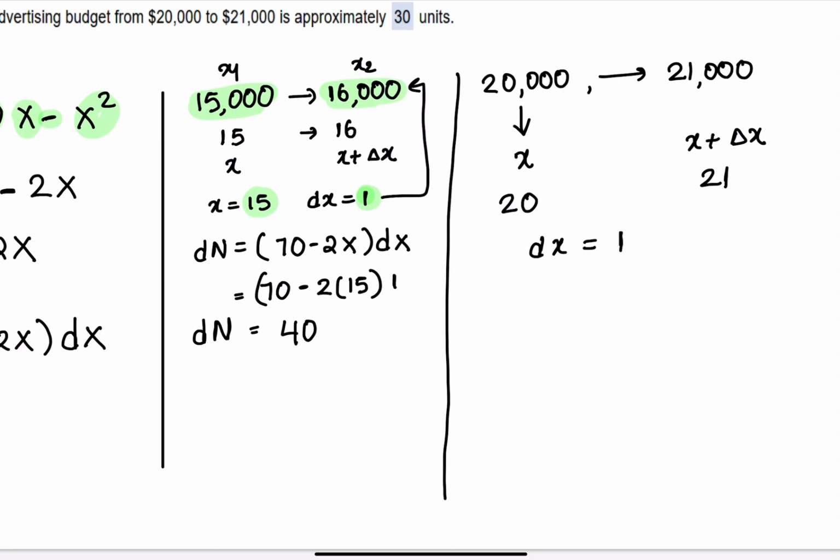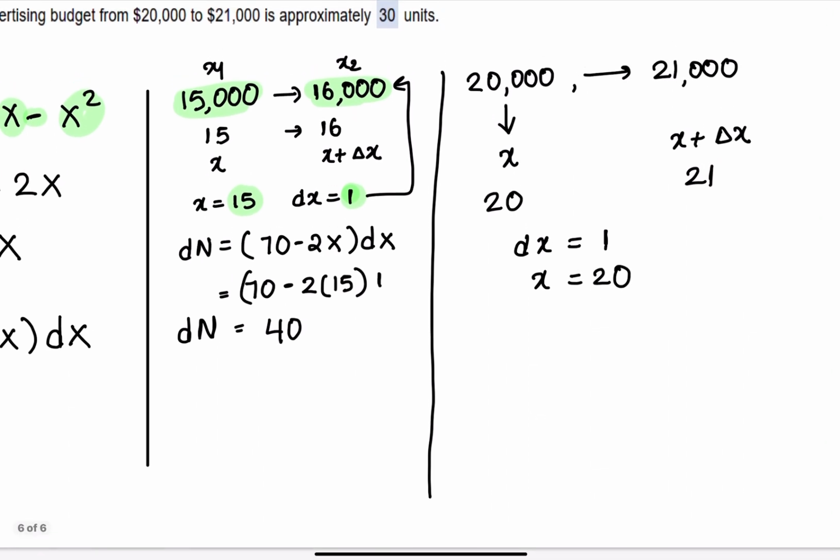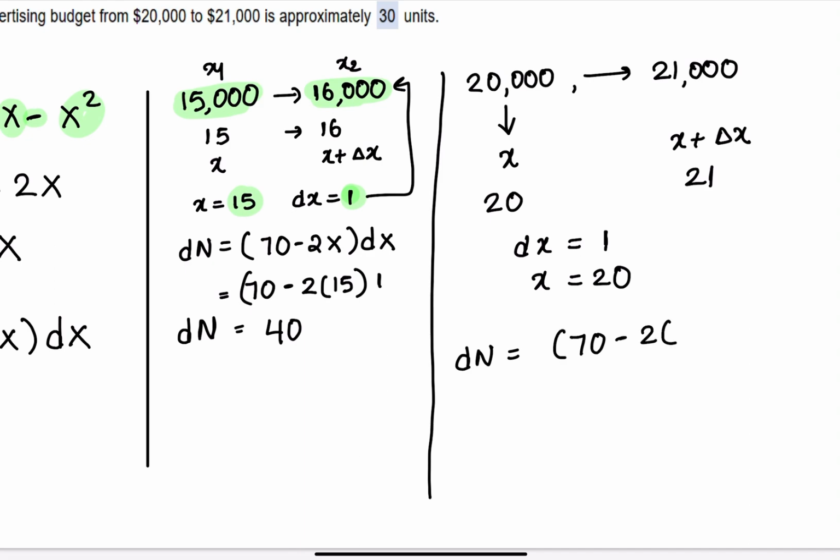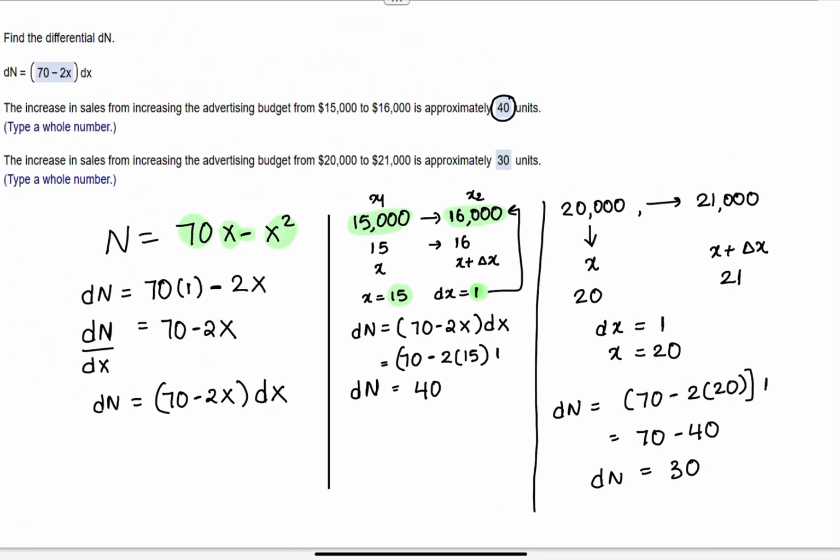The difference is 1. So now your x is 20 and your dx is 1, and you're finding your dn, which is 70 minus 2 times 20. So this is 70 minus 40, which is 30. So your dn is 30 units. The increase in sales from increasing the budget is going to be 30 units.